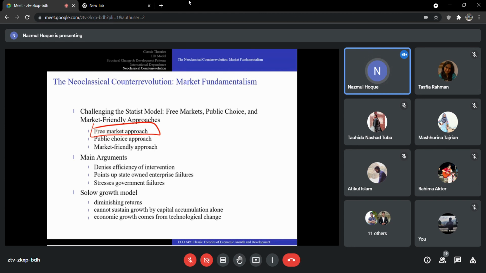The public choice approach is kind of similar. Government cannot do anything right. So the smallest government, the minimal government, is the best government.